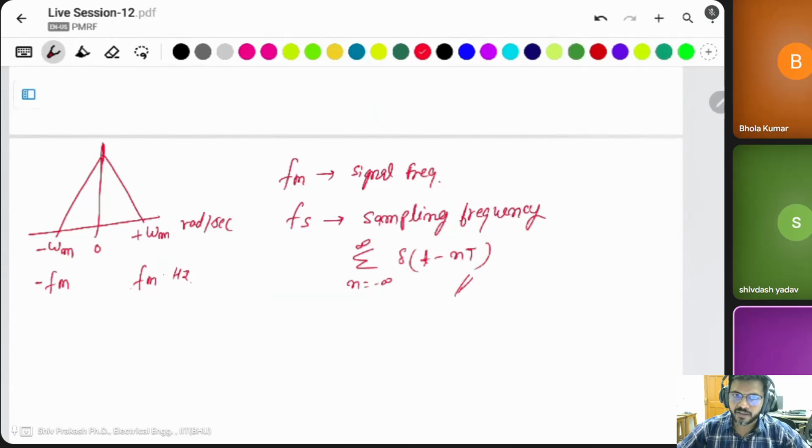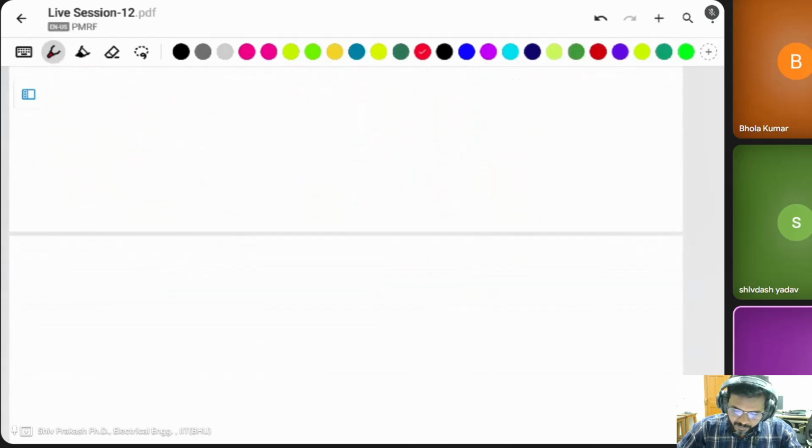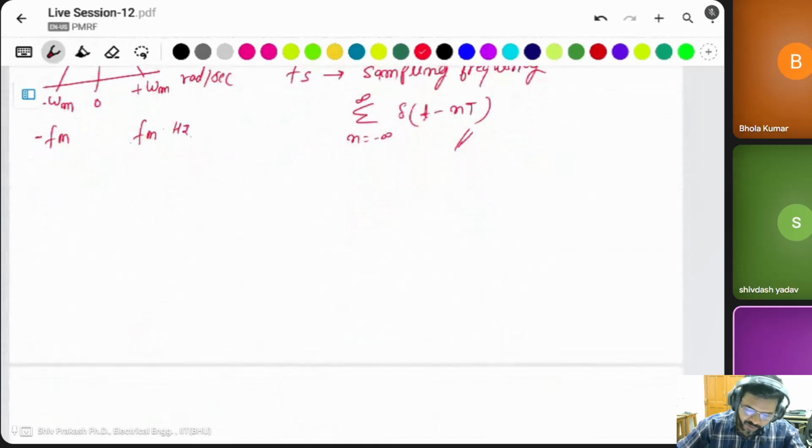This is the sampling, from minus infinity to plus infinity. But then what happens if, by the sampling theorem, the sampling frequency is greater than the modulated signal?